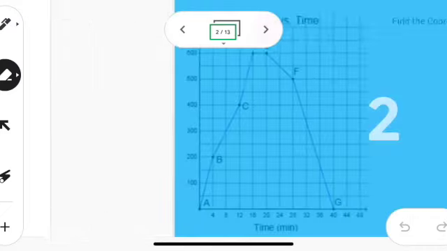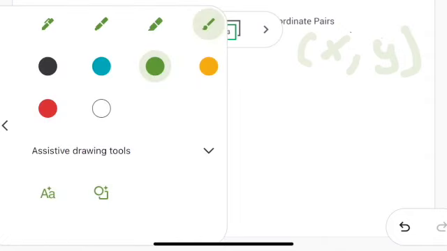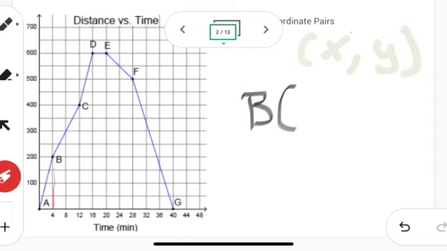So the first piece is just how to find your ordered pairs. For example, if we were to look at point B, just remember that your ordered pairs are always in the format of X and then Y. And so if we wanted to find point B, we would look for your X value here, which is 4.